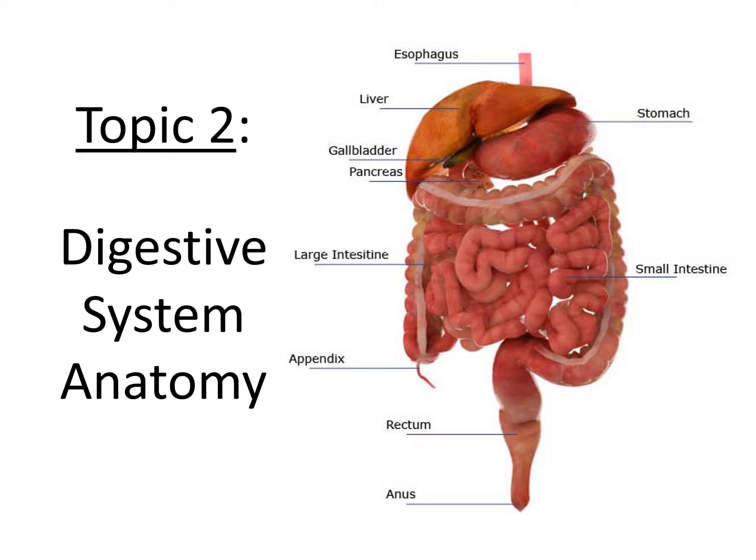The next four topics are going to cover how we take in nourishment, how that nourishment is absorbed, and then what happens to those nutritive molecules when they get to your cells. So we're going to start with just an overview of the anatomy of the digestive system, then look at the accessory organs of the digestive system, things like the pancreas and the liver that produce enzymes and other compounds that help us break down our food.